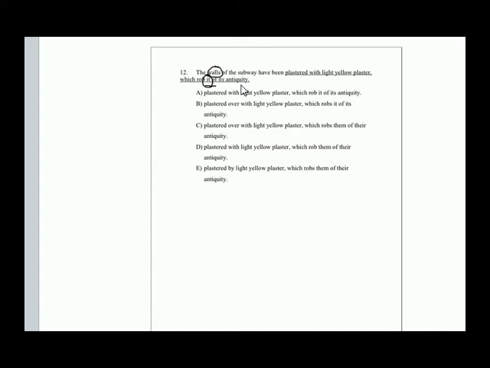And walls is plural, and so it is singular, so there's a mismatch here. If you look at the answer choices quickly, it should be replaced by robs them. So the walls, plural, are being robbed of their antiquity, so them is the correct usage instead of it.